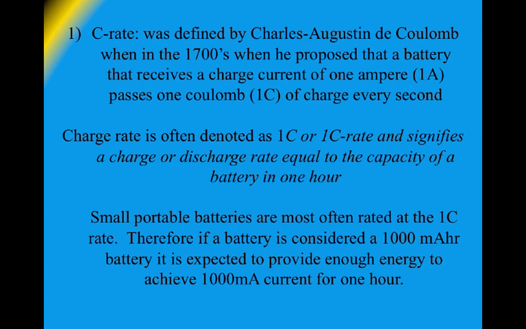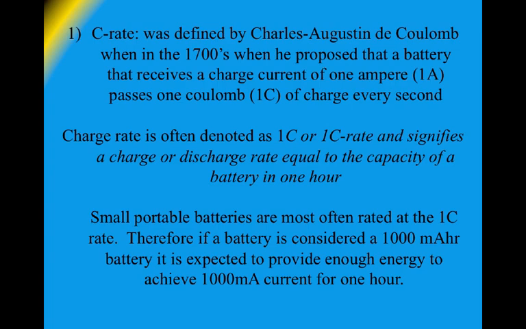First, the C rate. As we pointed out in our nomenclature, the C rate refers to the charge rate. And it was defined in the 1700s when Charles Augustin de Coulomb proposed that a battery that receives a charge current of 1 ampere passes 1 coulomb of charge every second.